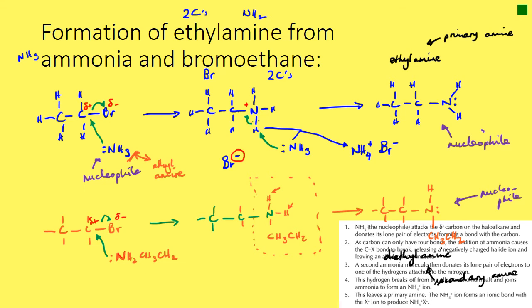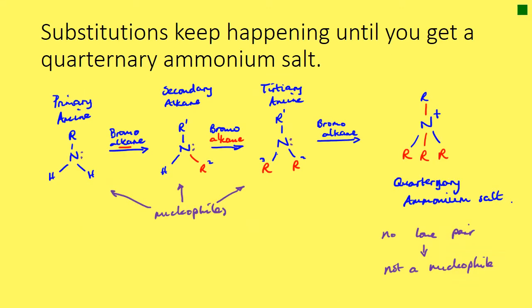and so on. Okay, but I haven't got space to draw that, so you'll have to take my word for it or work it out yourself. The same process, except a different nucleophile. So we can summarize that by saying that substitutions keep happening until you get a quaternary ammonium salt.